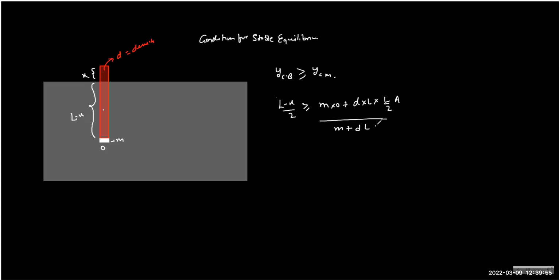So we have to write A. Let's say A is the cross-sectional area. All right. So what we get is (L minus X) by 2 is more than D L square A by 2 upon (M plus D L A).